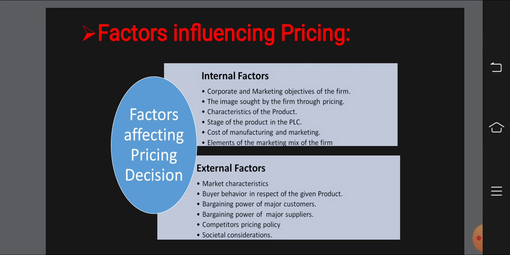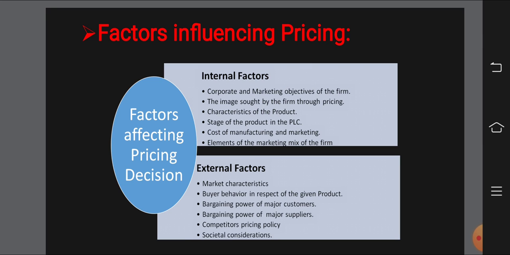Then next are the external factors. So in this external factors, market characteristics, what is the nature of the market, means whether you are going to market the lower income group, middle income group, in which country, at which place you are going to launch your product. Depending on the nature of that market, these are the external factors that will influence the price of that particular product.